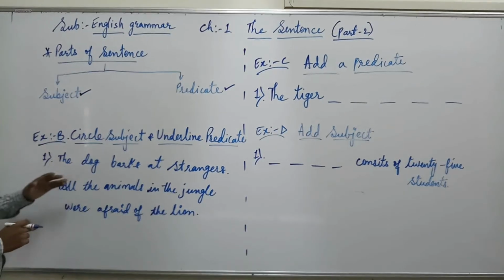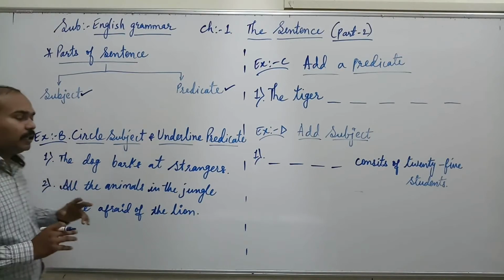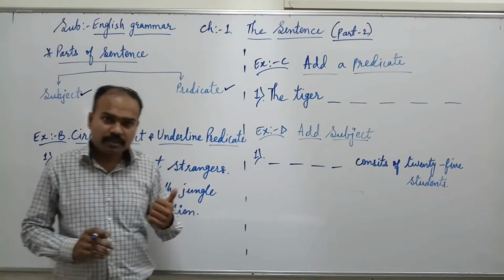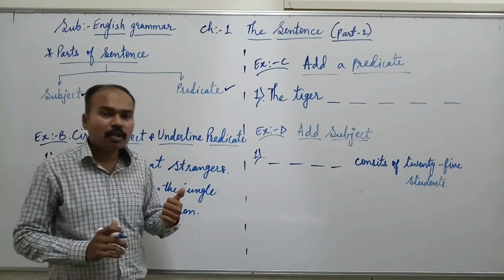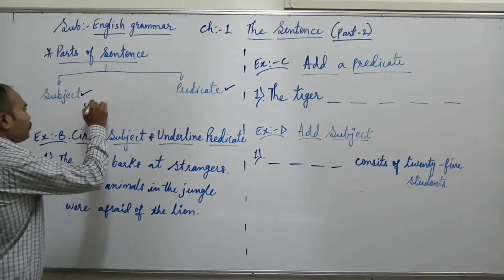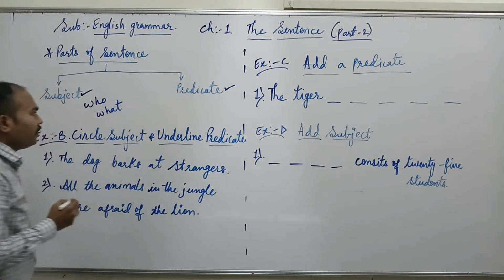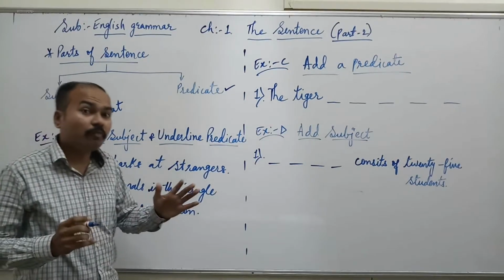Now how to identify the subject in a given sentence? We can identify the subject by asking a question with the help of who or what. We use these two words, who or what, and we ask a question to the verb.